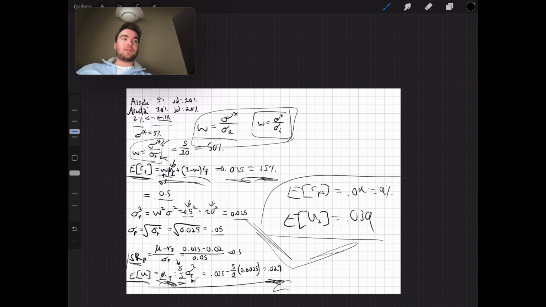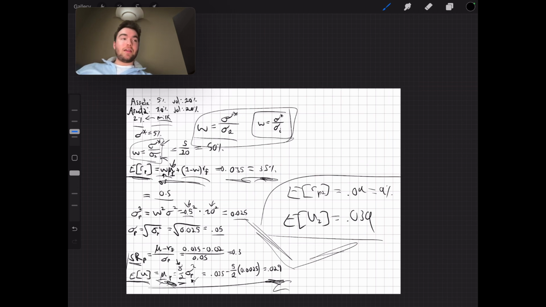But the focus here is on how you find your weights rather than your expected utility.